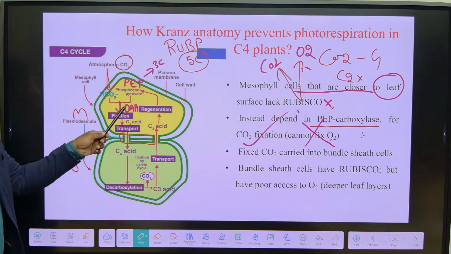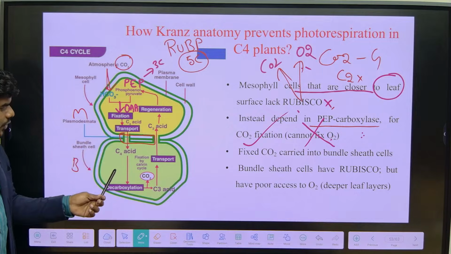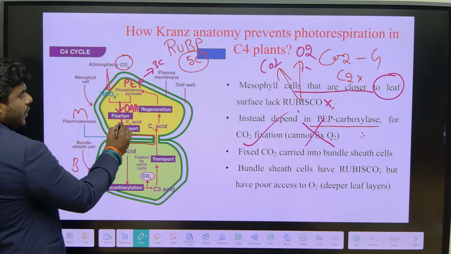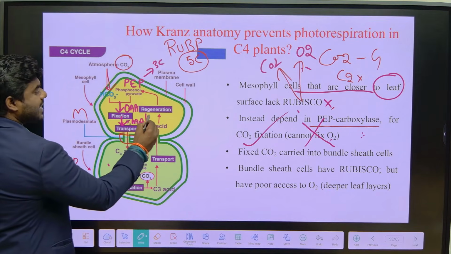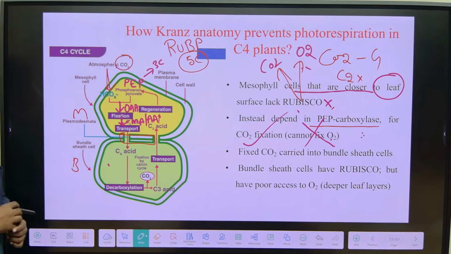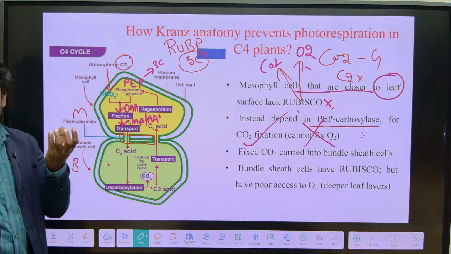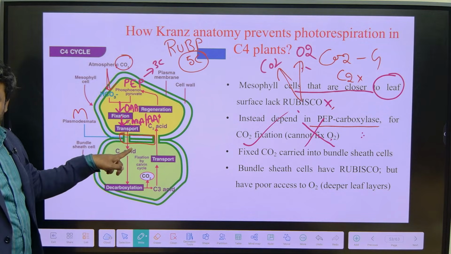Unfortunately, oxaloacetic acid does not have any binding site to enter into the bundle sheath cell. That's the reason oxaloacetic acid is converted into, as we'll see, either malic acid or aspartic acid. Both malic acid and aspartic acid have the binding sites to enter into the bundle sheath cell.